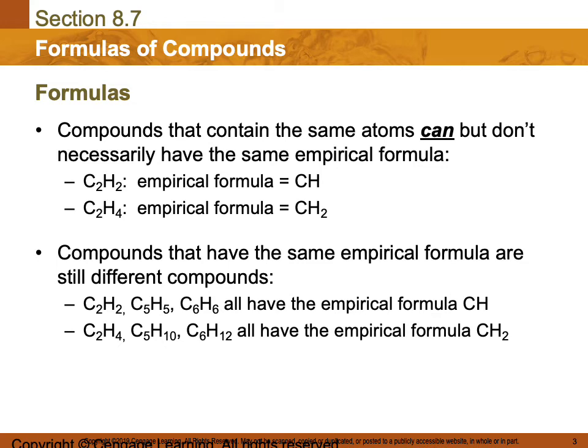The top row, C2H2, C5H5, and C6H6, all have the empirical formula CH. The bottom row, C2H4, C5H10, and C6H12, all have the empirical formula CH2. So even though they all contain only carbon and hydrogen, they don't all have the same empirical formula.